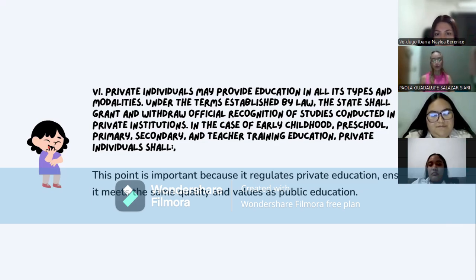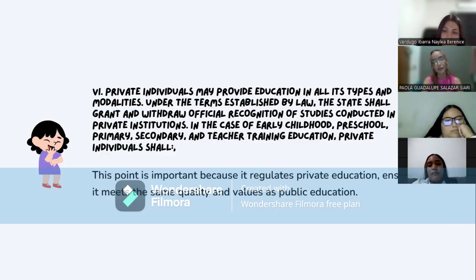In the case of early childhood, preschool, primary, secondary, and teacher training education, private individuals must obtain authorization. This point is important because it regulates private education, ensuring that it meets the same quality and standards as public education.